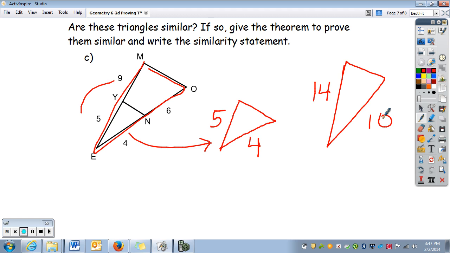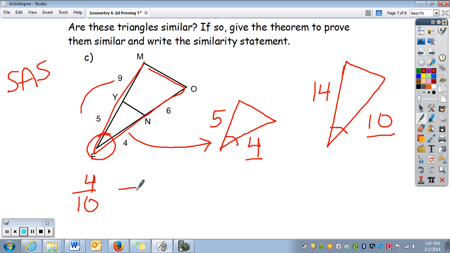So we need to figure out whether they're proportional. Well, you might say like, oh, we only have 2 sides, that doesn't work. But notice they both have the same angle because they both are part of the same point. So we have congruent angles. So it's very possible that we can prove by side, angle, side similarity. We just got to check our proportions. We take the 2 smaller lengths, 4 divided by 10.